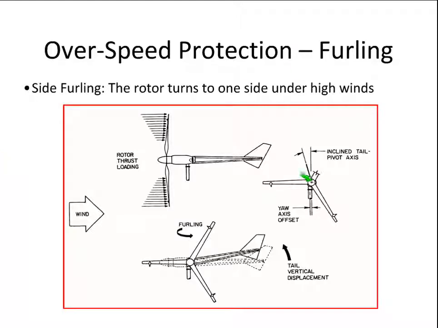And what they do is, if you can see here, this turbine is offset from center off of this pole. And by offsetting that a little bit, when the wind speed gets very high, more wind is hitting on this side of the pole, the right side, than on the left.